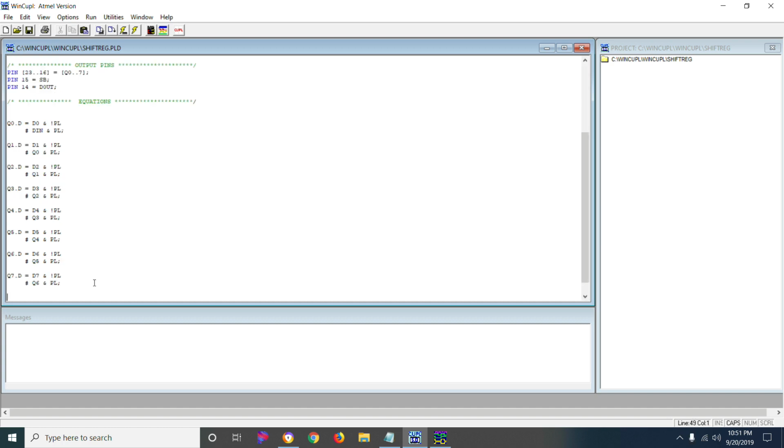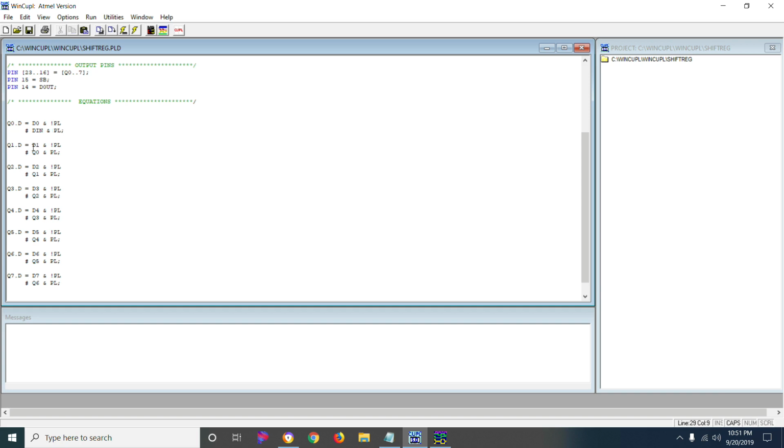Okay, we're back. Now, I did make a small little mistake a minute ago. D0 and parallel load low should be a high on Q0, and the same thing with data in and parallel load both being high should be a 1.